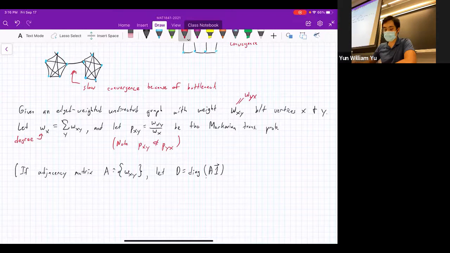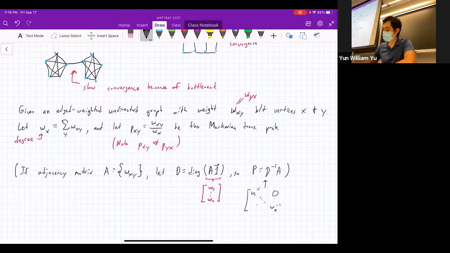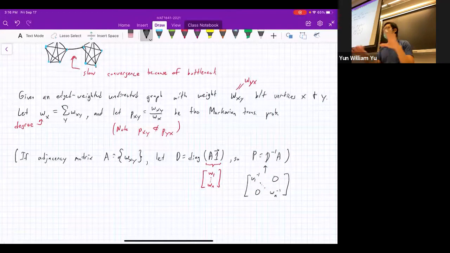So of course, this is just going to give you the degree matrix. Then the Markovian transition matrix is just going to be D inverse times A, where D inverse is just W_1 inverse through W_n inverse on the diagonal, with zeros elsewhere. So this would be how you'd rephrase all these things linear algebraically.